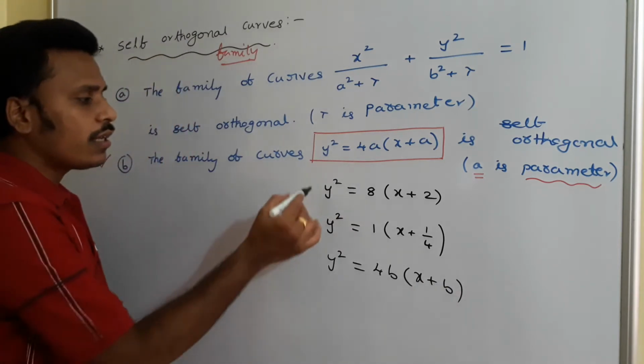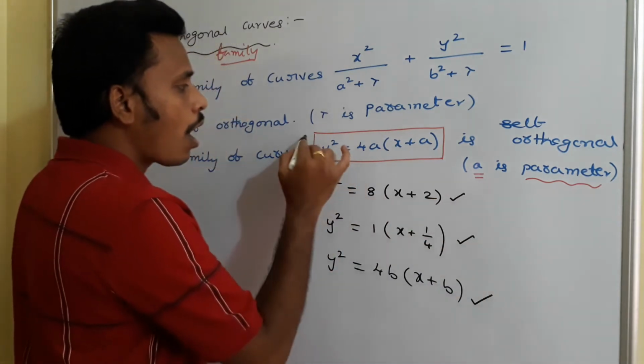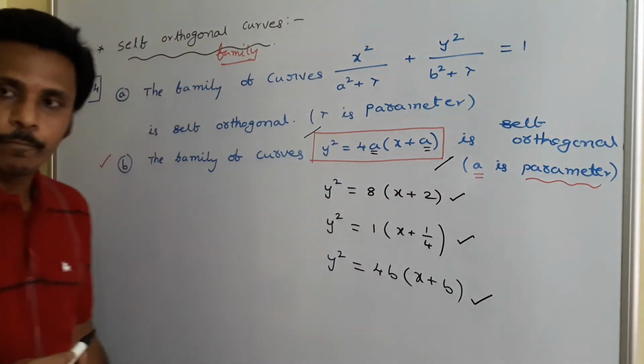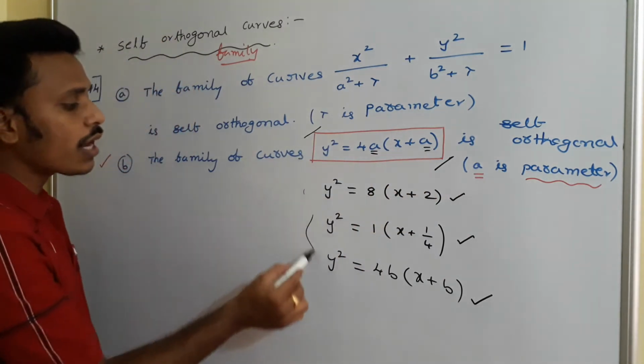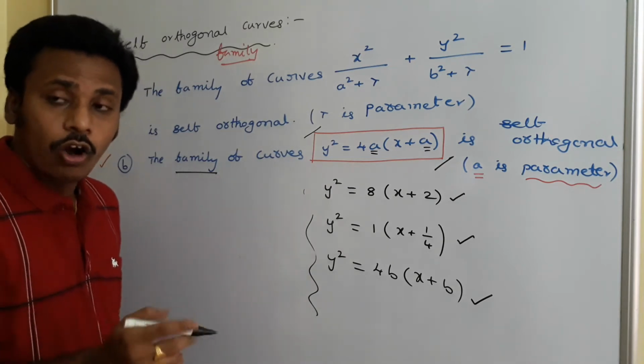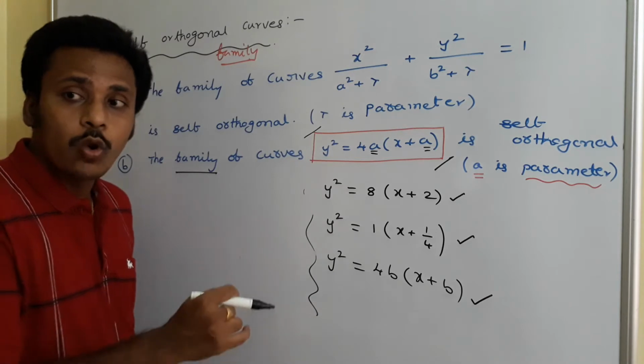Like this we have many curves of the same format just by replacing the parameter a, and all these curves are considered as a family based on one unknown constant.